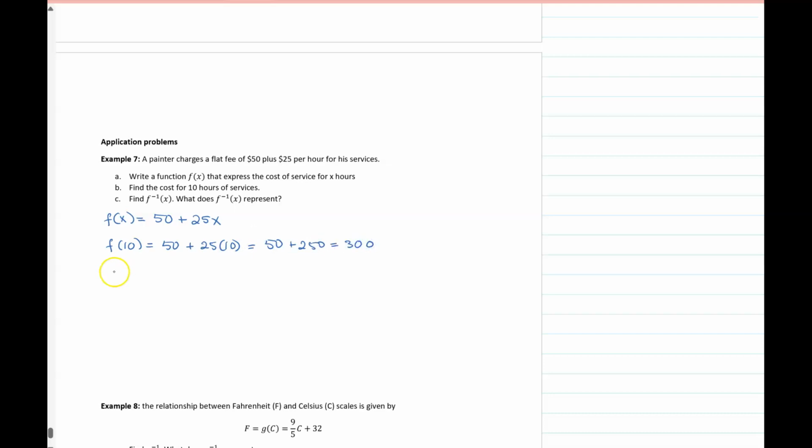Okay. The next thing we do is to find f inverse of x. To do that, y equals 50 plus 25x.